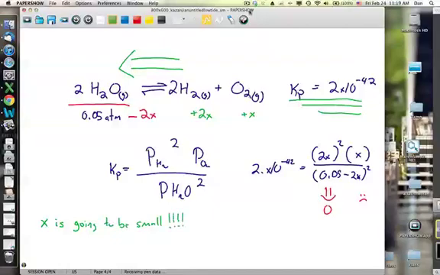What that means is that if x is small, 0.05 atm minus 2x will approximately equal 0.05 atm. As long as x is really small, this will be true.